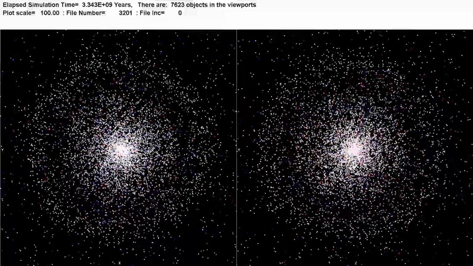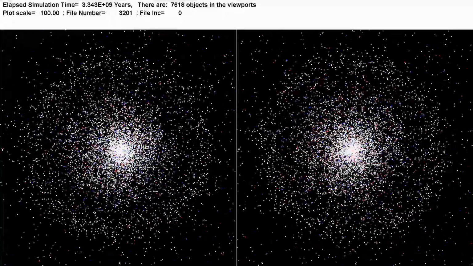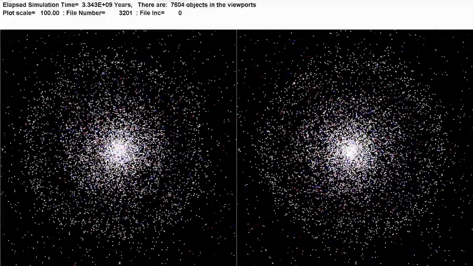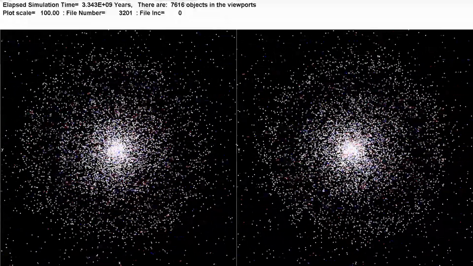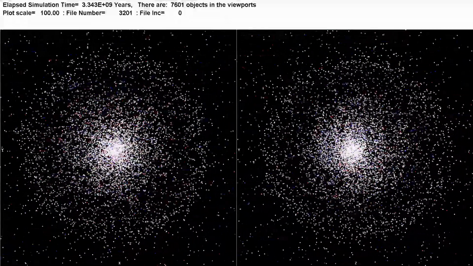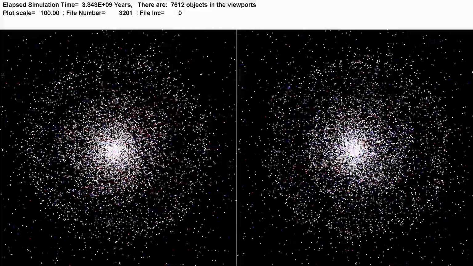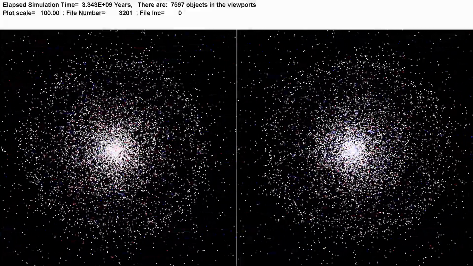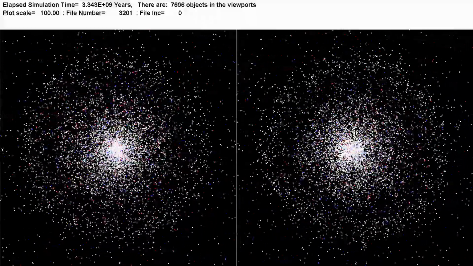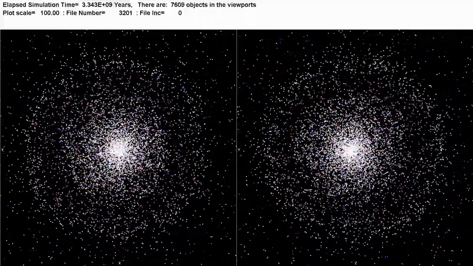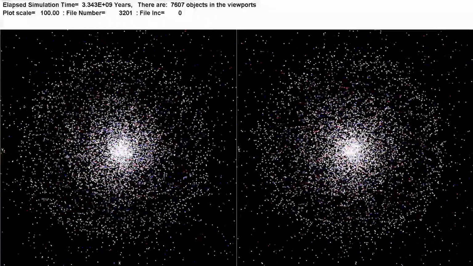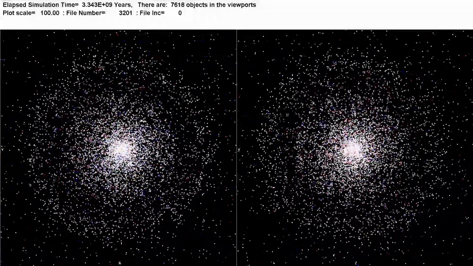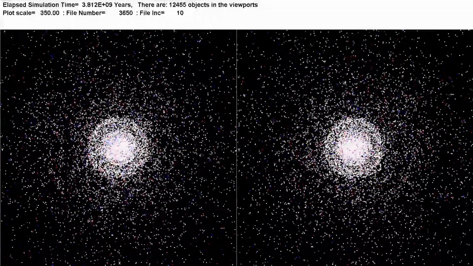Let's pause time and rotate the system about the y-axis for 180 degrees and back again to show off the spherical shape of the shell. Let's zoom out to a viewport size of 700 kiloparsecs and continue to show the advancement of the wave.